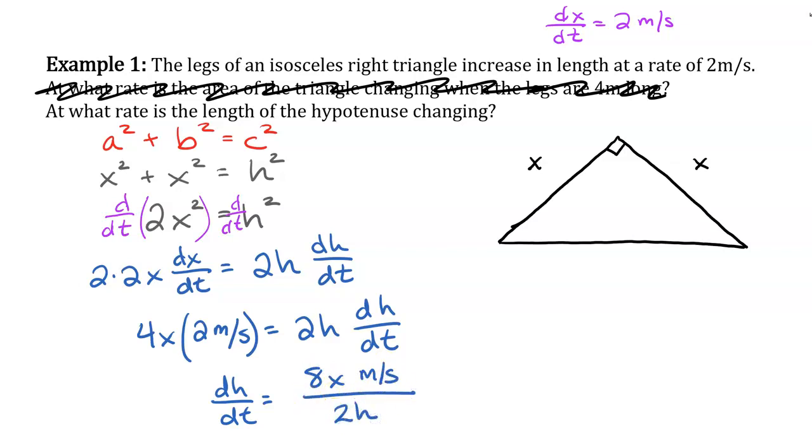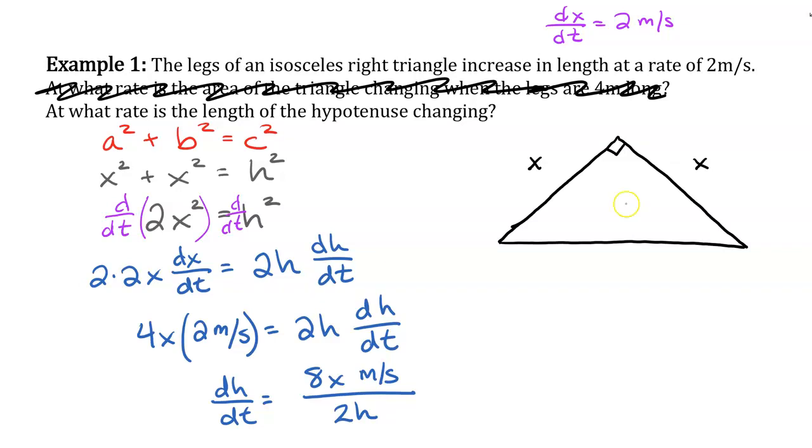The problem is that a rate doesn't have variables. We need a number. So how are we going to figure out what that is if they don't tell us what x and h are? Well, that means that we're talking about a very, very generic form. So if they don't tell us explicitly, we get to do this ourselves. So let's go back to the basics.